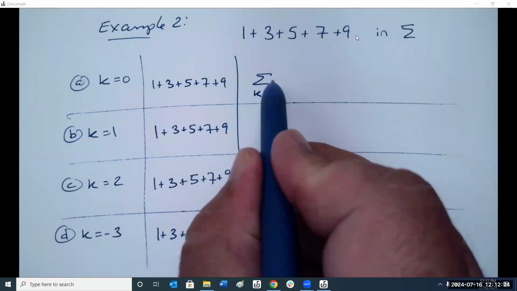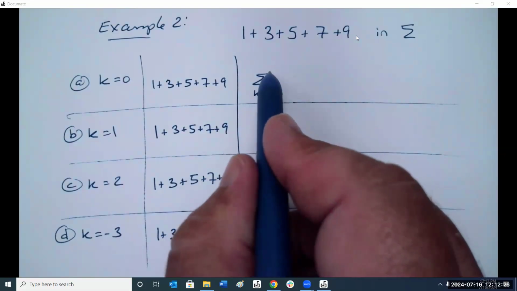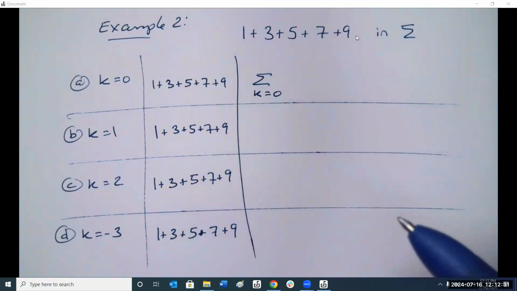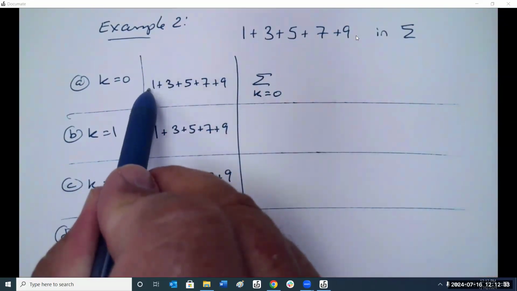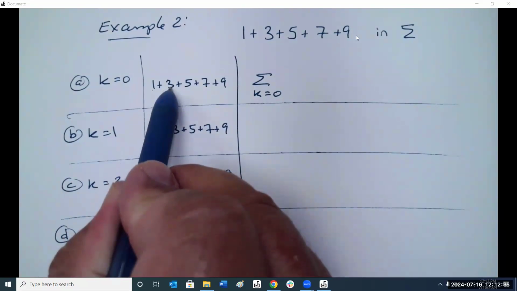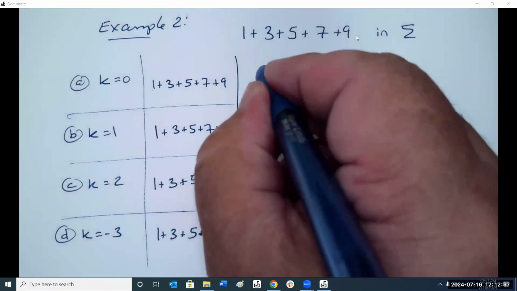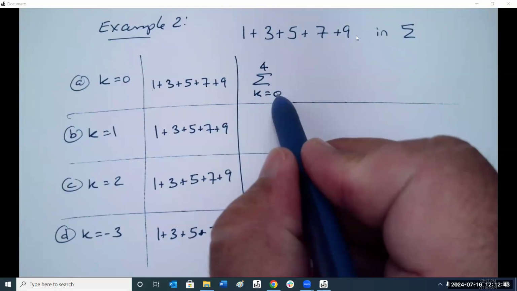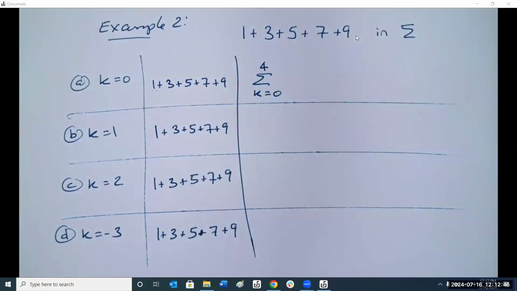So if it starts off at 0, where does it end? This is k sub 0, k sub 1, 2, 3, 4. So this one ends at 4. From 0 to 4 is 5, so we have to have 5 elements.